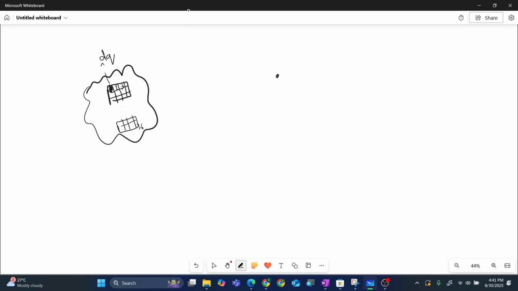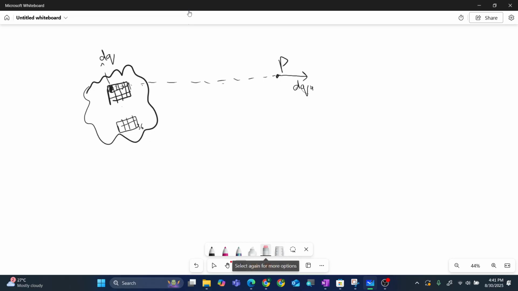Now I want to calculate the electric field at point P. So this is charge 4, so I could have an electric field due to charge 4 here in this direction. So due to dq4, I have an electric field. I should write it as E4, right?